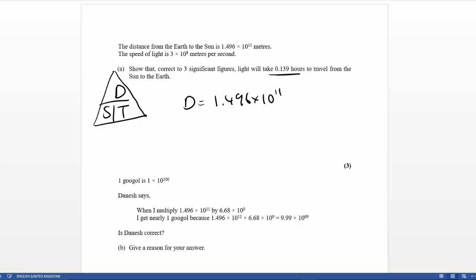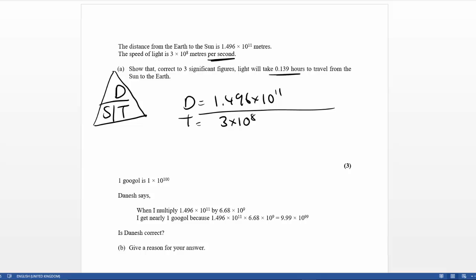1.496 times 10 to the power of 11. Now if we're going to try and find out what time is, obviously we need to do distance divided by speed. Speed is here, right? We know speed is going to be 3 times 10 to the power of 8, but this is per second.